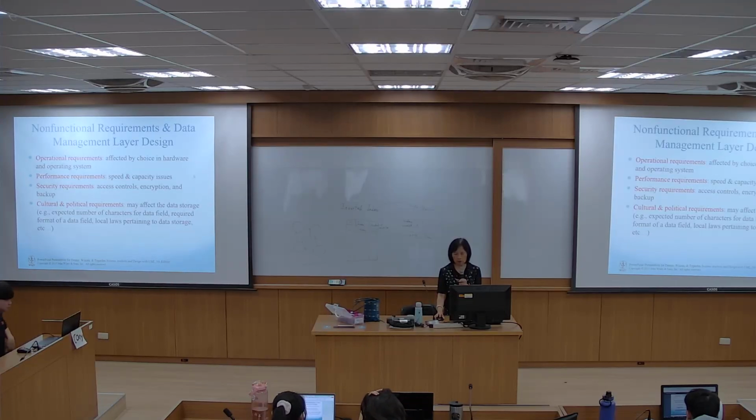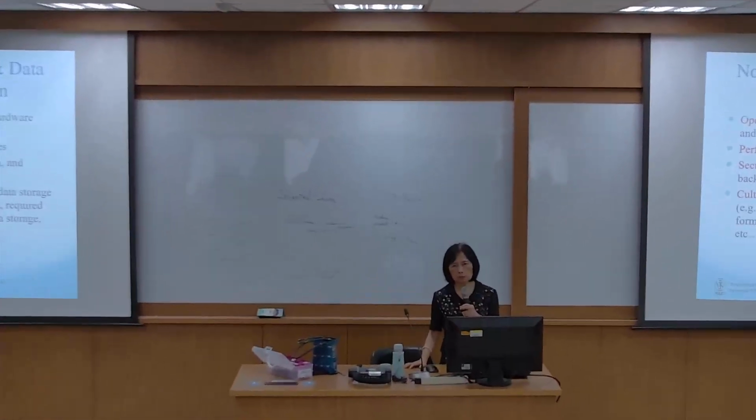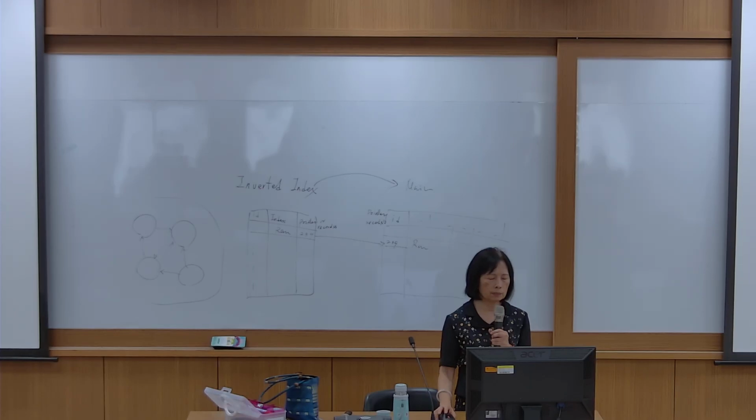And differences between cultures, they are all non-functional, but even more important. I said more important, that means based on your function, right? So you should have function, of course, right? So we said that we have key value. Based on key value, then we have different kinds of NoSQL data types.